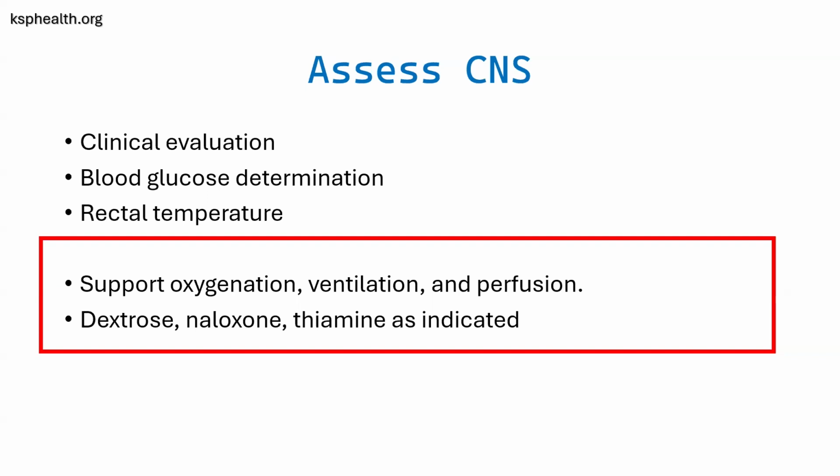Support oxygenation, ventilation, and perfusion, and check the glucose. If it is low, give dextrose. If you think the patient has an opioid overdose, go ahead and give naloxone. That can be therapeutic as well as diagnostic. Give thiamine in adults with alcohol intoxication.